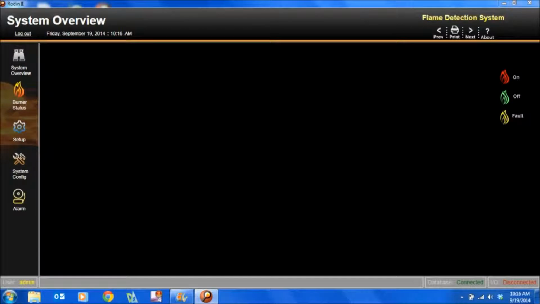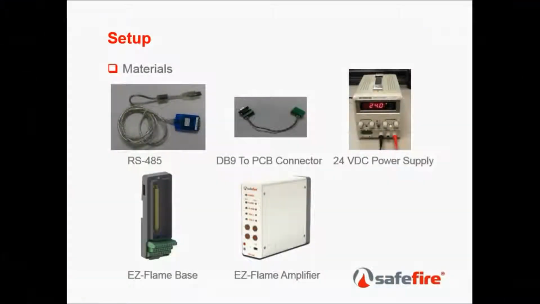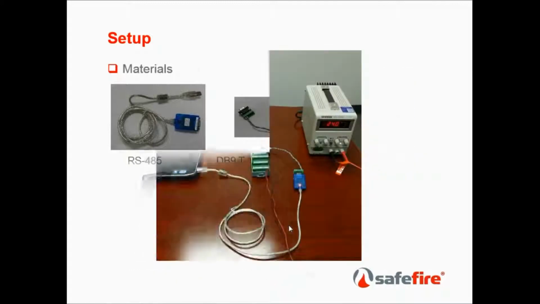To be able to set up Rodin, a few items are required in addition to your PC. You will need a RS-485 USB connector, a DB9 to PCB connector, a 24-volt DC power supply, an EasyFlame base, and an EasyFlame amplifier.